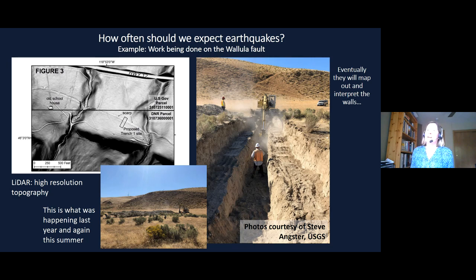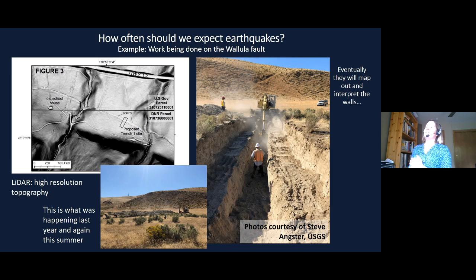We use an array of different tools to understand how often earthquakes happen on these faults once we identify them. We can use geologic mapping. We can dig trenches, which is what is being shown in this picture. This was work that was happening last year on the Wallula Fault, and they're digging more trenches this summer. And they can use dating techniques on the materials that are exposed in those trenches to understand how often earthquakes happen on these faults.